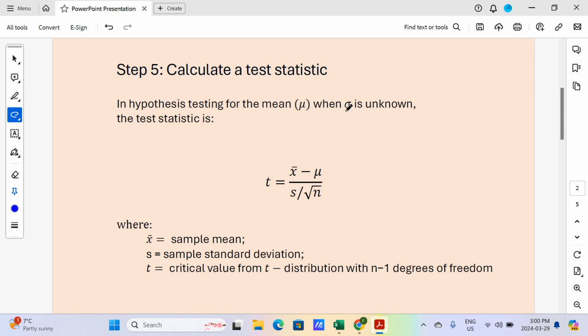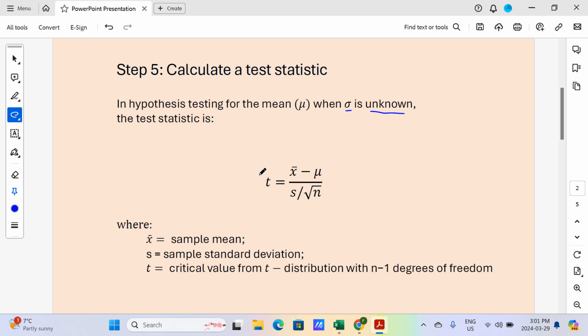When sigma is unknown, I'm going to use this formula to calculate the test statistic. Okay? T is X bar minus mu, X bar is sample mean, mu population mean, over S sample standard deviation, S is sample standard deviation and N is sample size. By using this formula, we can find the test statistic for X bar.